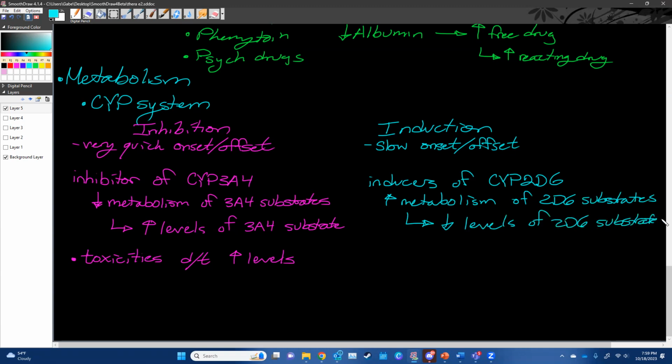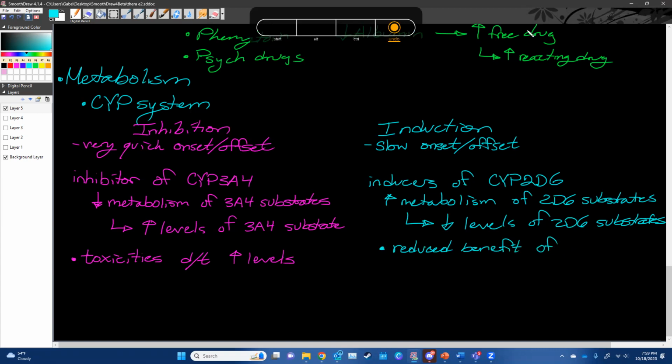Now, obviously, you can swap out the kind of enzyme for anything. I'm just giving an example. What we generally see here is reduced benefit of the drug.